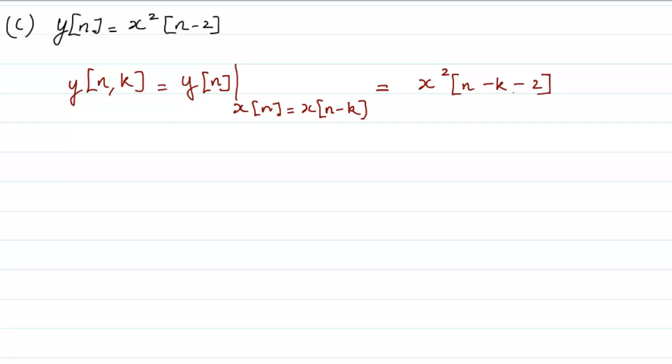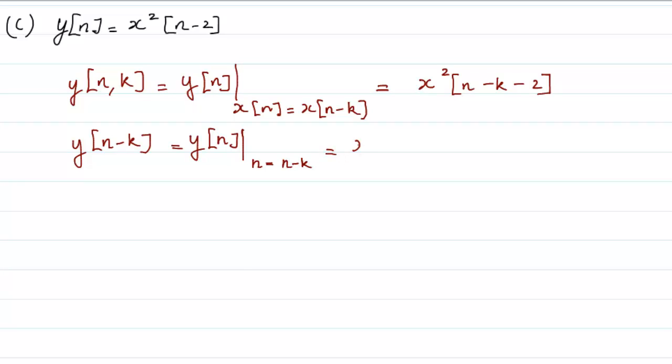Next, for y of n minus k, that is the case when we take y of n with n equal to n minus k.